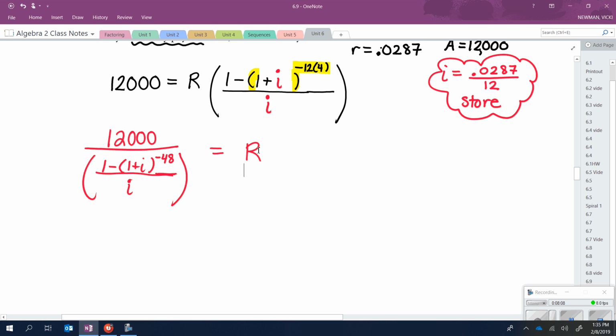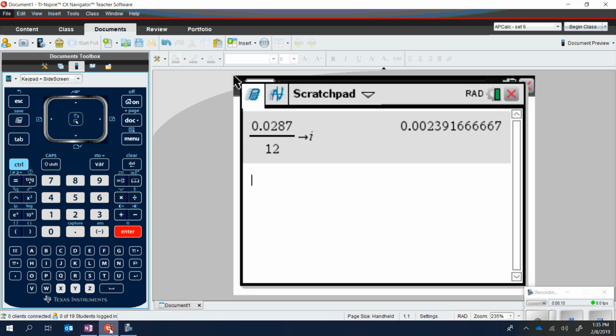So now you can use your calculator. Type it in exactly as you see it so you don't make a silly mistake. And because you stored I, you should be all right. You can just type it in. If it comes up bold, that means it knows what you're talking about.